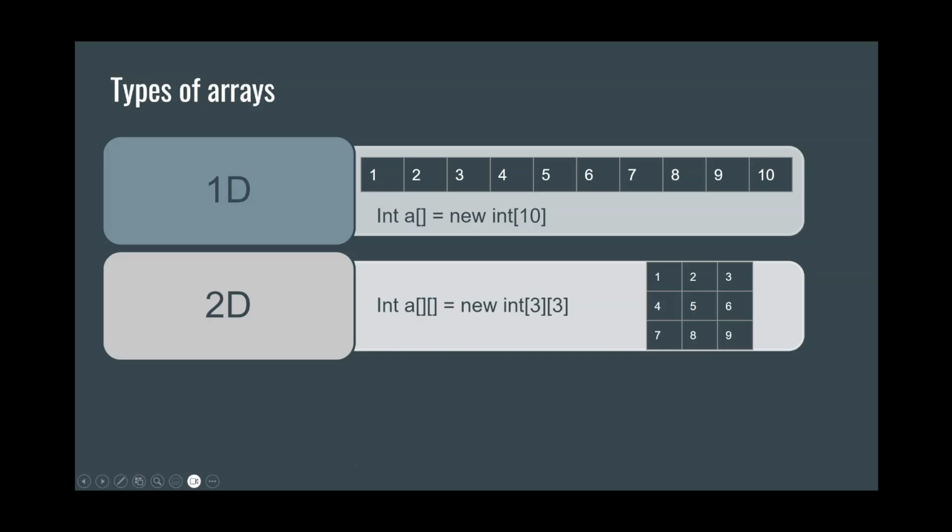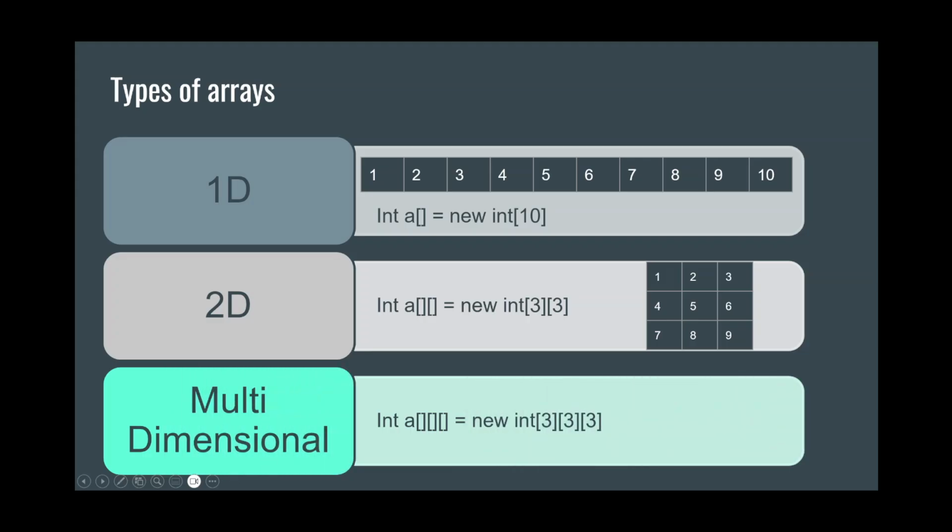Similarly we can also define multi-dimensional arrays. Here I have taken a 3-dimensional array, but there can be a 4-dimensional array as well. Although I haven't seen much of the higher dimensional arrays in real life applications. Mostly I have seen 3 or a maximum of 4-dimensional arrays.